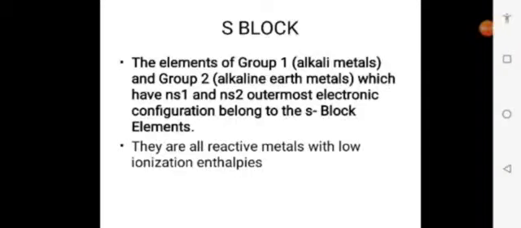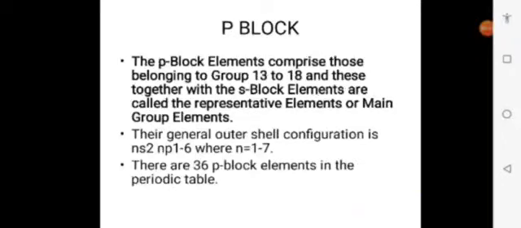That is why they contain ns1 electronic configuration, while alkaline earth metals contain ns2 electronic configuration. So these elements are present on the left side of the periodic table.